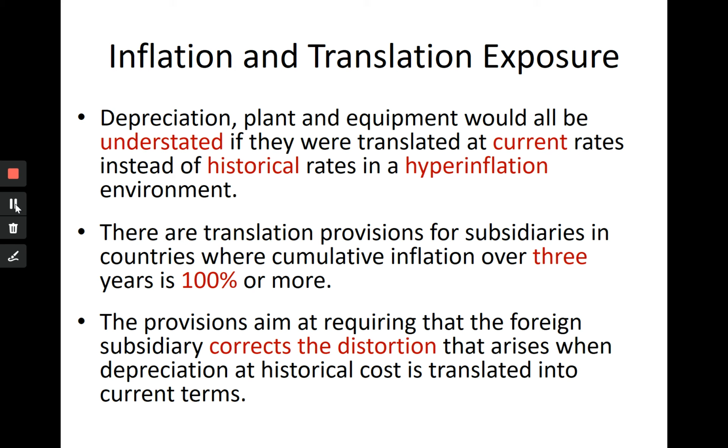And then that brought huge headaches in terms of translating the value and income of subsidiaries of multinationals in Argentina into hard currency, dollar or euro or yen or something else. Depreciation, plant and equipment would all be understated if they were translated at the current rates, instead of historical rates, in a hyperinflation environment.